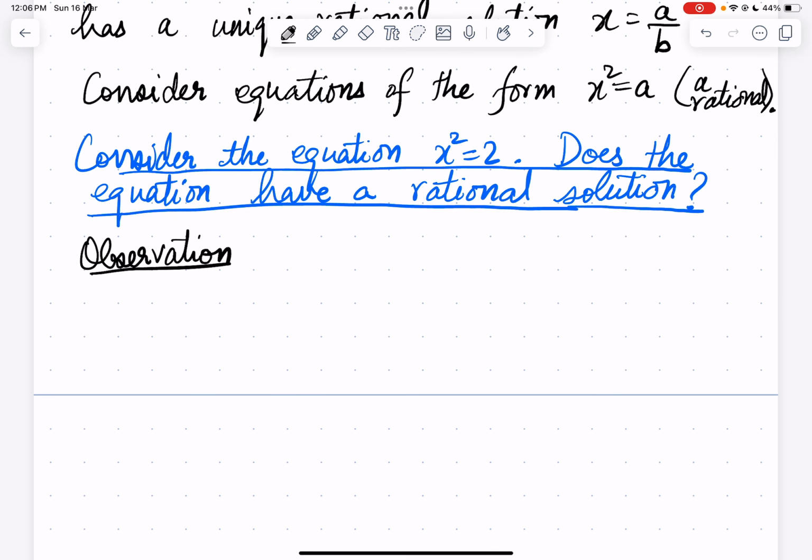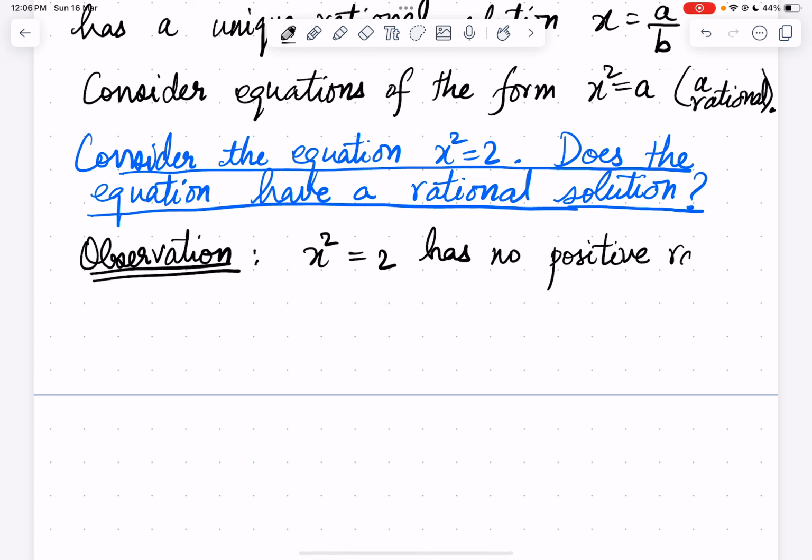Observation. x square equals 2 has no positive rational solution. Hence, it also doesn't have any negative rational solution. That is, it doesn't have any rational solution.